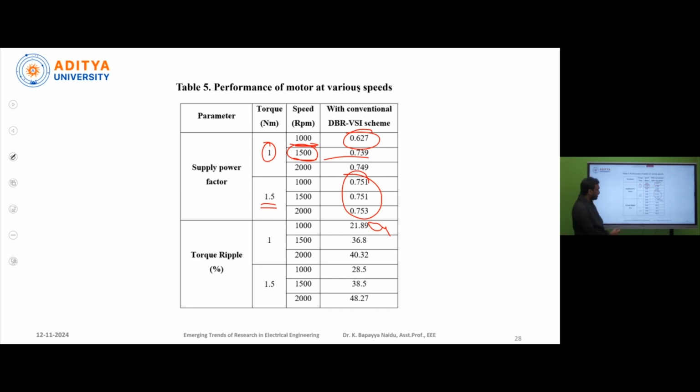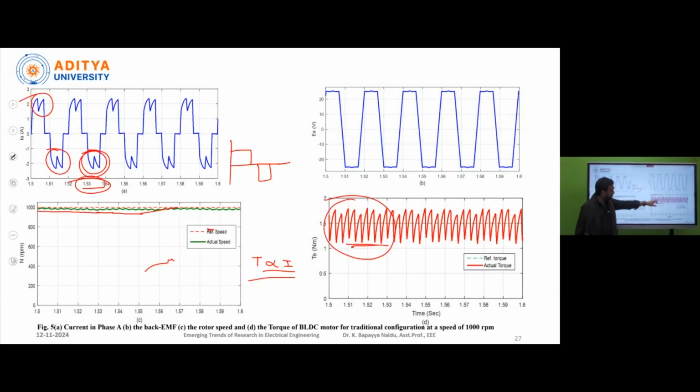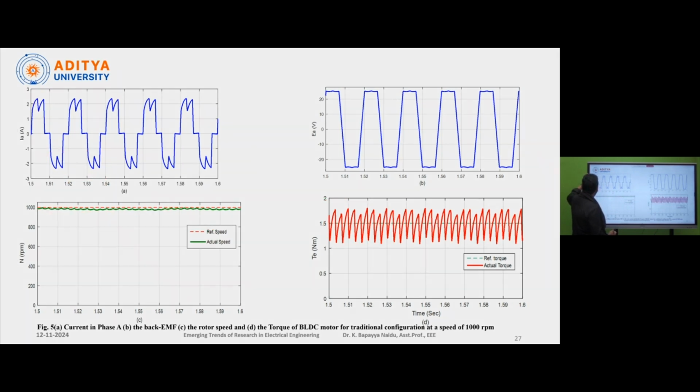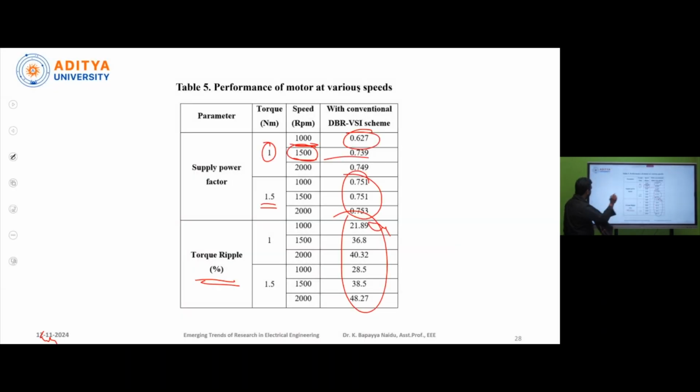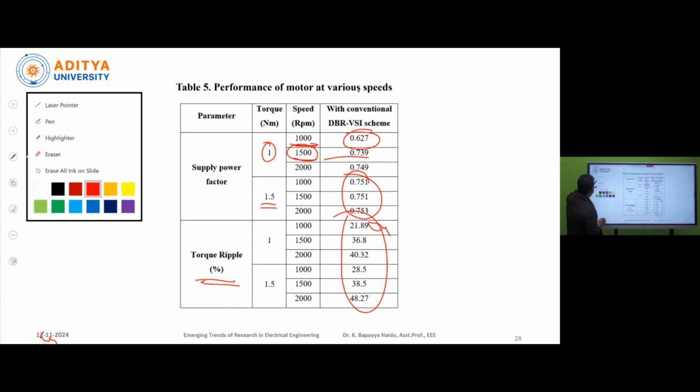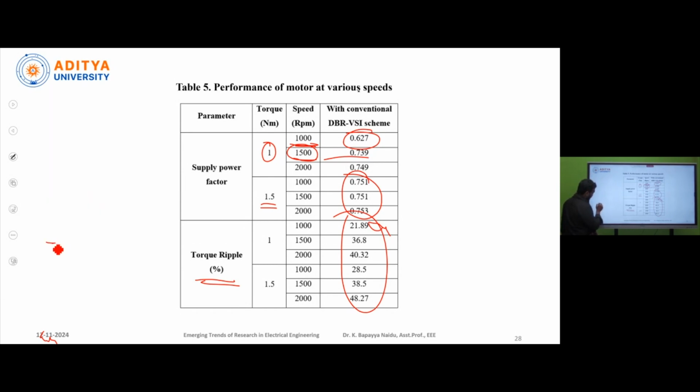And also coming to the torque ripple, it is also very high. How can we calculate this torque ripple? Here, torque ripple is T maximum minus T minimum divided by T average.